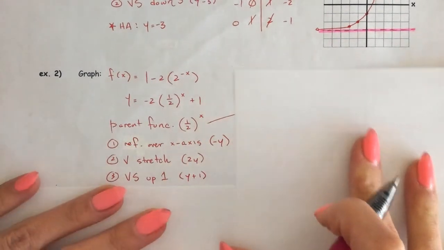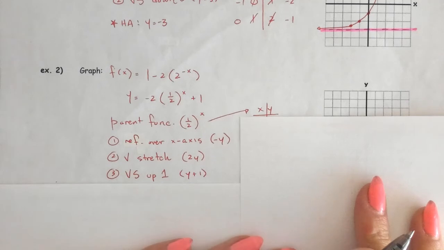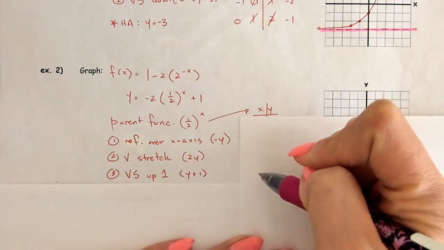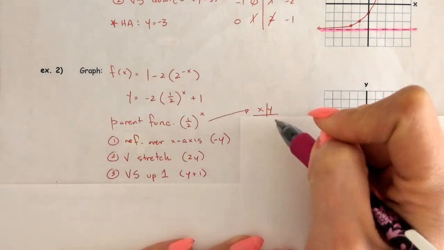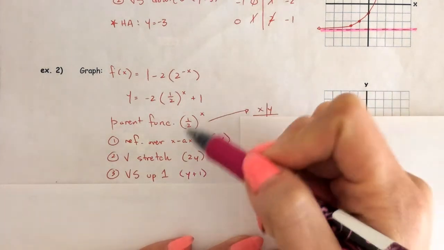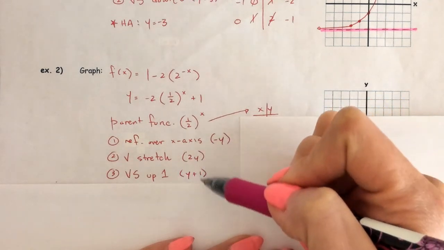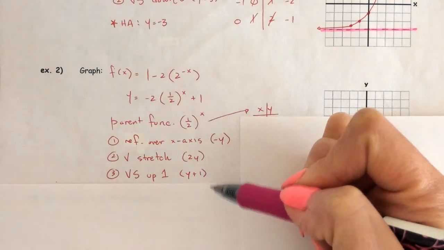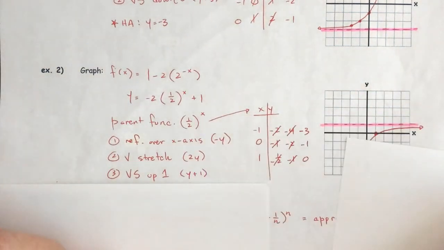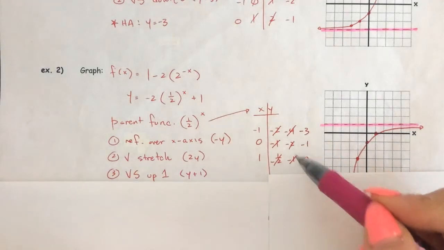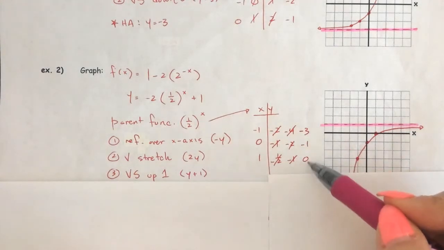Okay, so then you do your little xy from -1, 0, 1, and then go ahead and plug in, and then cross so that you're going to make all your y's negative. You're going to multiply them by 2. Do it in this order. It has to be done in this order. And then you get something like that, right? So I made all of them negative, and then I multiplied by 2, and then I added 1.